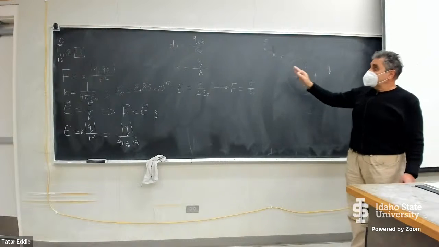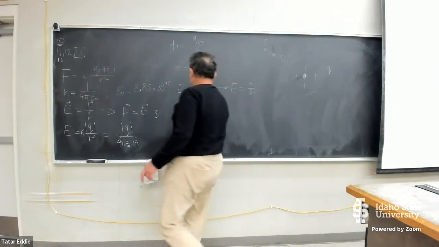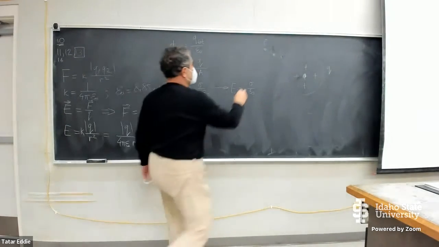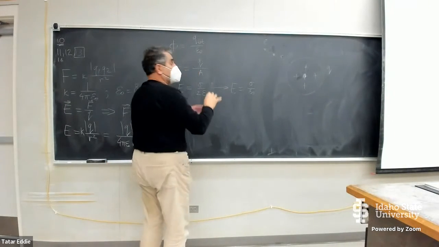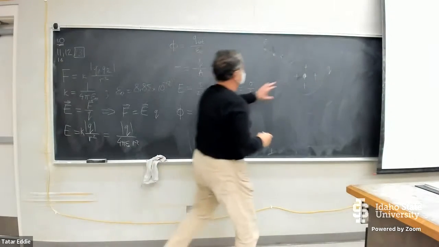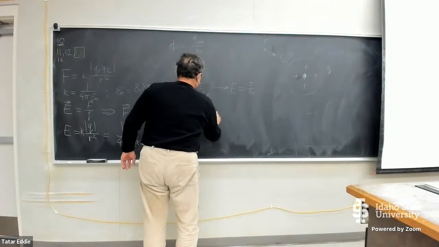Gauss's law says that the electric flux that goes through this imaginary Gaussian surface has to be equal to the total charge Q that is located inside this imaginary surface. In this case, it is Q divided by epsilon naught.